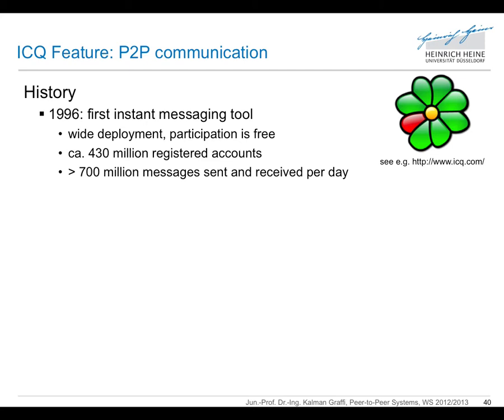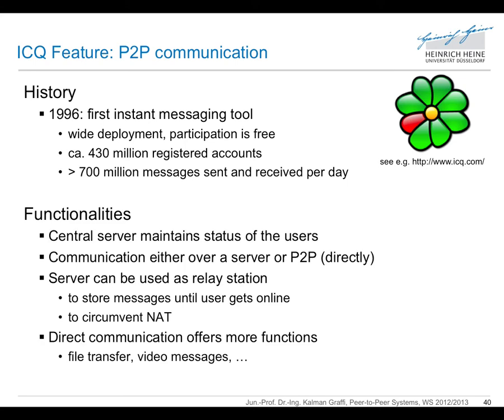It was one of the first instant messaging tools, and it also supports this peer-to-peer communication by having a central server helping to create a connection between the users. So the statement is, this Napster approach does not just take place in file sharing and in Napster, but this simple approach also takes place in other kinds of applications, like for example ICQ.